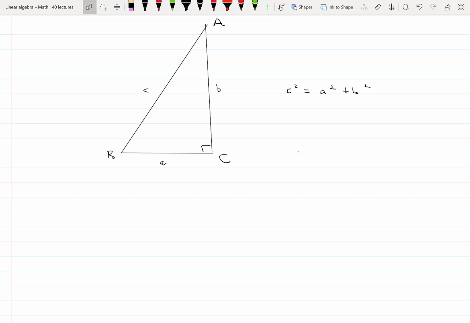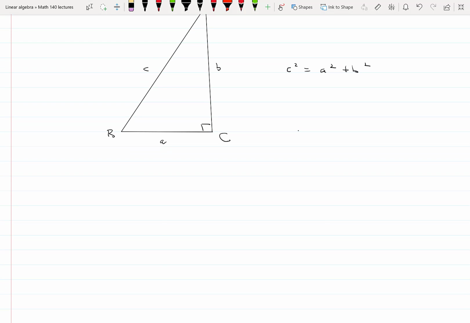I'm going to draw an oblique triangle. I'm going to take the angle C in the right triangle that I've just pictured there, and make an oblique triangle. So let's get rid of that right angle. So there's the lower side. There goes that right angle, all gone.